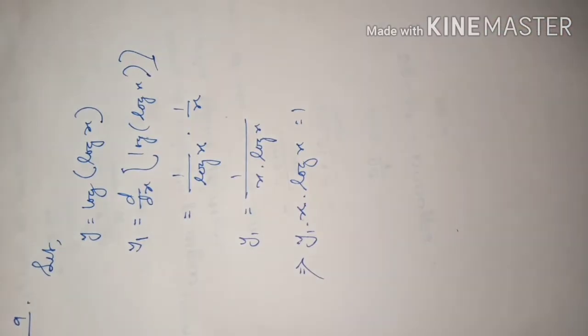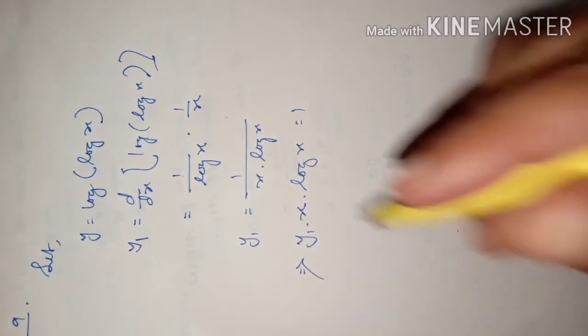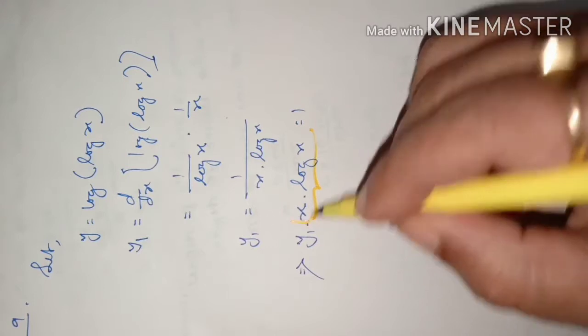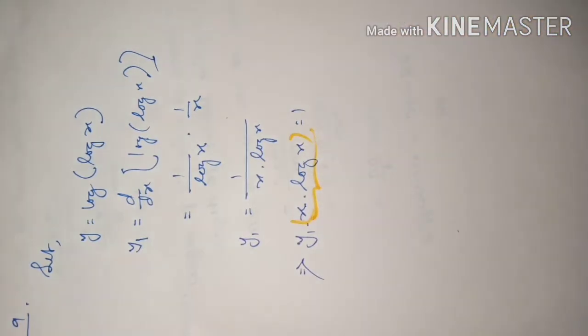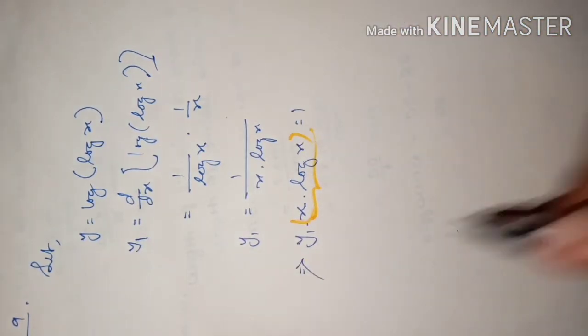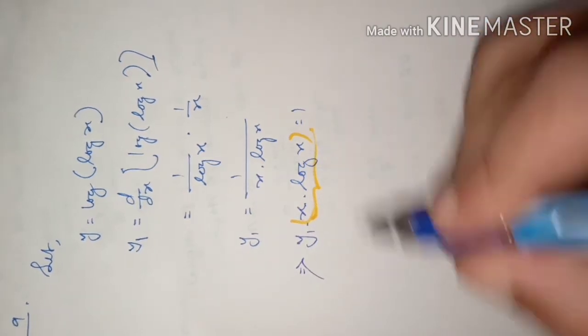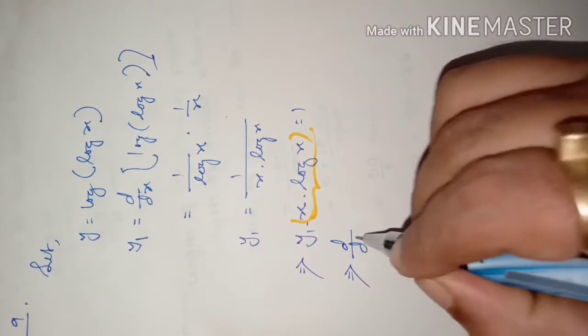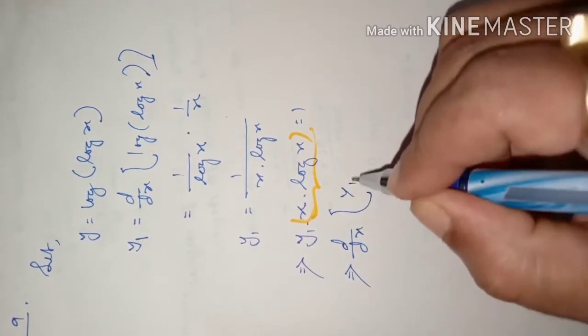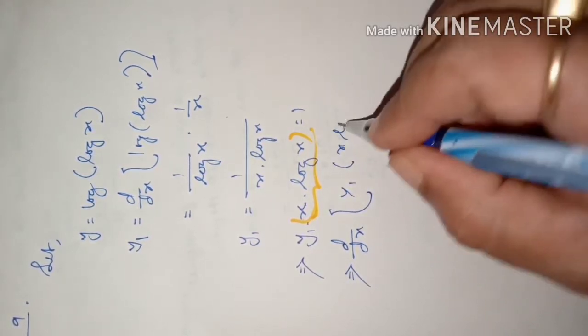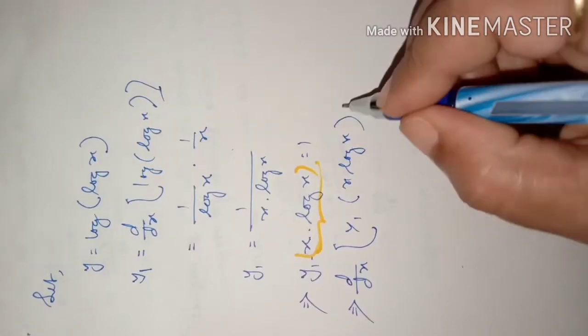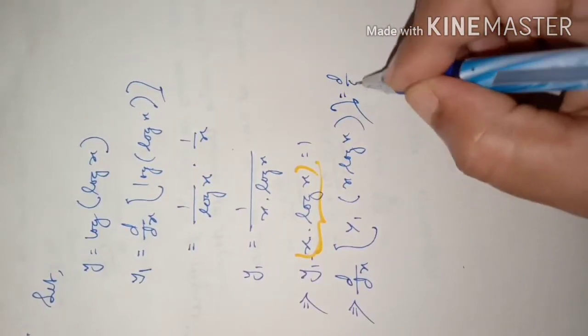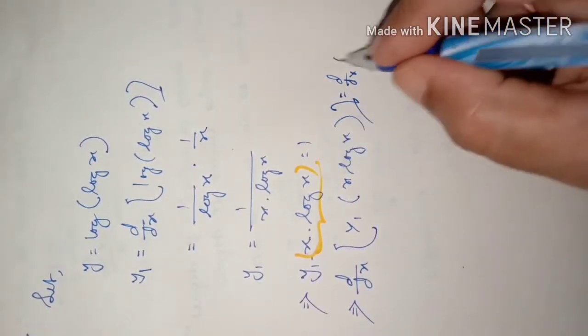Suppose we treat x into log x as one quantity and y1 as another quantity, so it is a product of two quantities. Then we take the derivative, d/dx of y1 into x log x is equal to d/dx of 1.